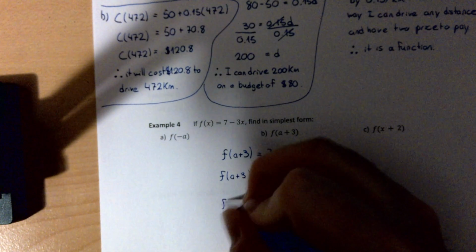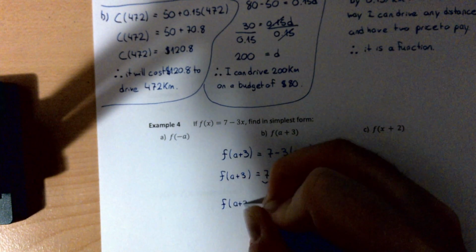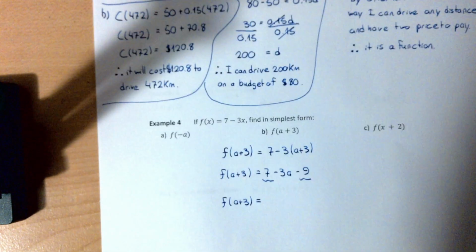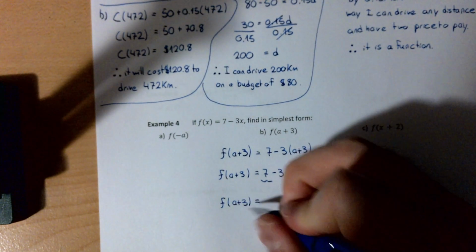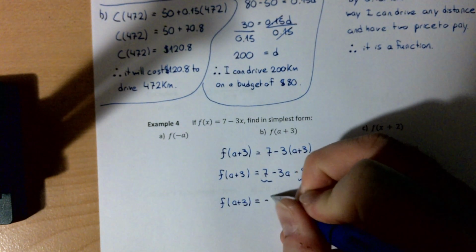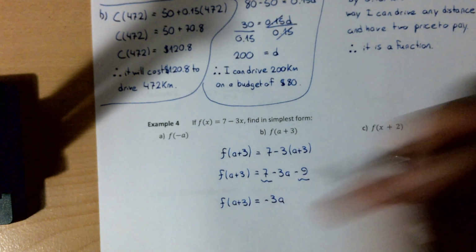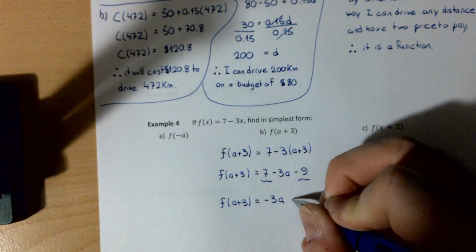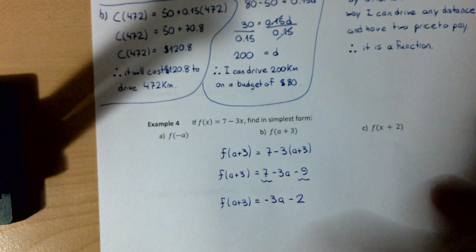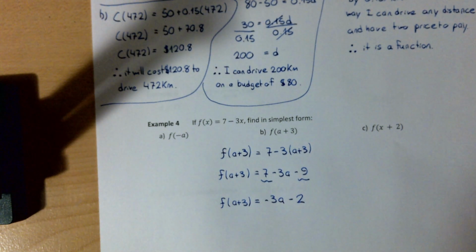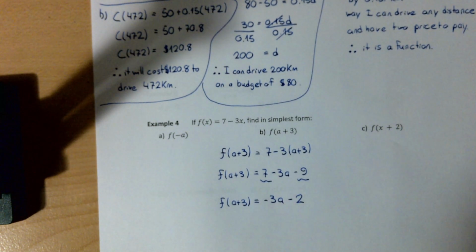So f of a plus 3 is equal to, I like putting the variable first, even if it looks a little uglier with the minus 3a, and now positive 7, negative 9, I end up with a negative 2. I just like having it with the variables first, but if you want to put the minus 2 first, that is also just as correct.